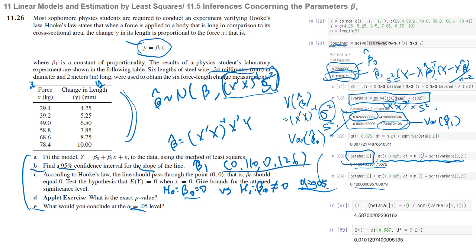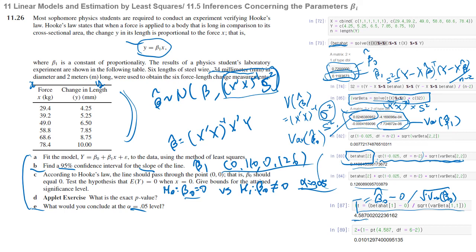Our t-test statistic is beta 0 hat minus 0 divided by the square root of the variance of beta 0 hat, which is 4.587.